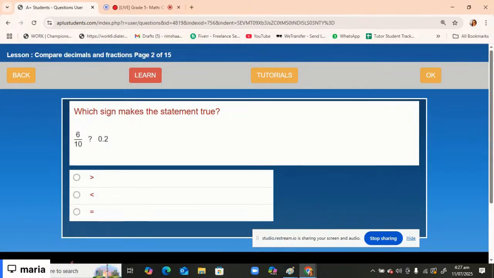Everyone solve this question. 6 by 10 or 0.2? Which one is greater? Everyone solve this and then tell me. 6 by 10 is 0.6.